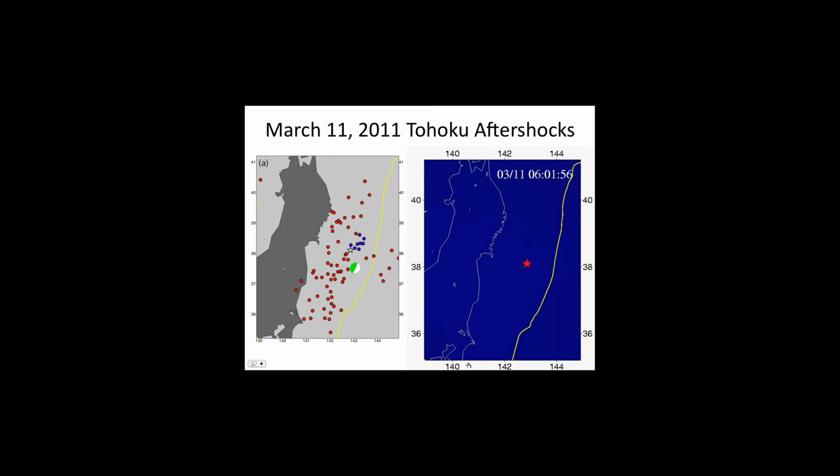But in general, we understand what that shift should be, and we try not to interpret features of the back projection results that fall within that uncertainty that we determine. It's something like 30 kilometers or so is the shift you can expect for that.